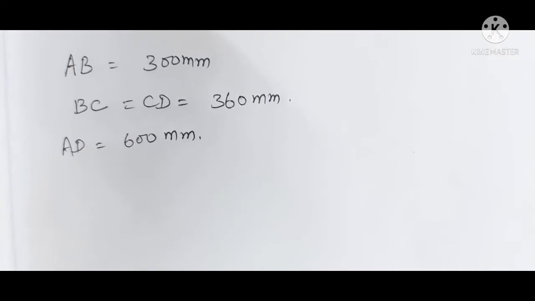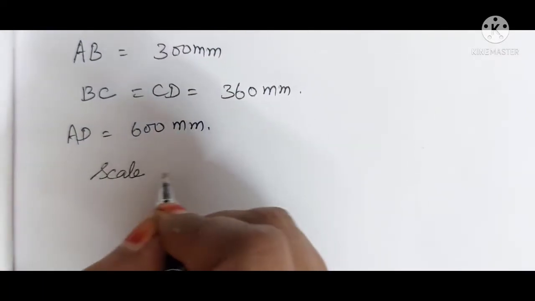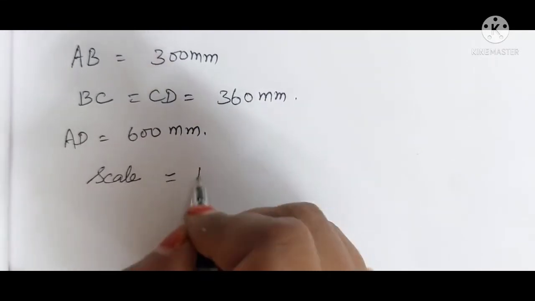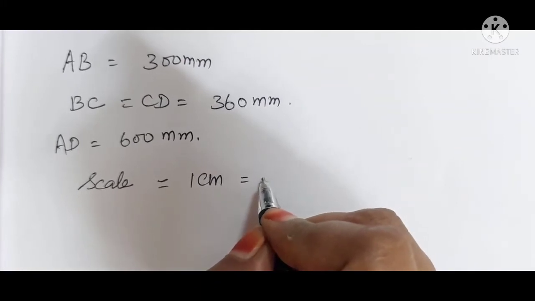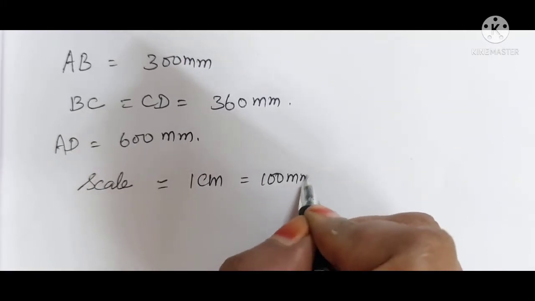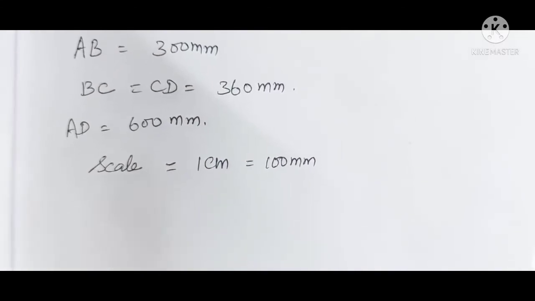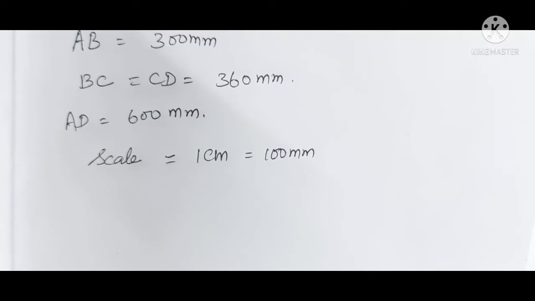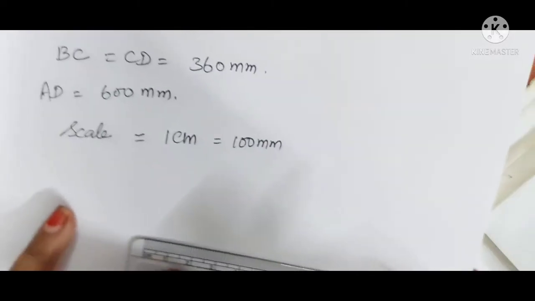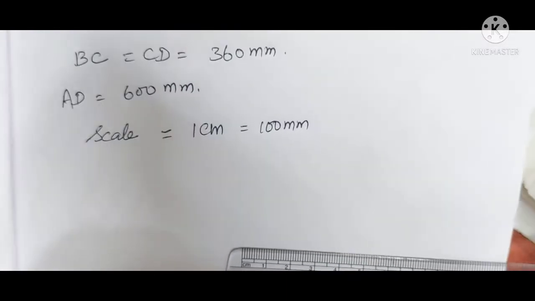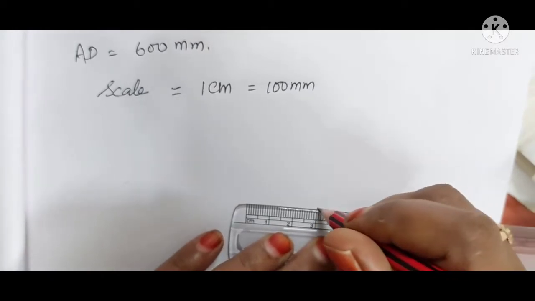Based on these dimensions, I am taking the scale 1 centimeter equal to 100 mm, to make the diagram small and compact. So first the AB link length: 300 by 100 gives 3 centimeters.